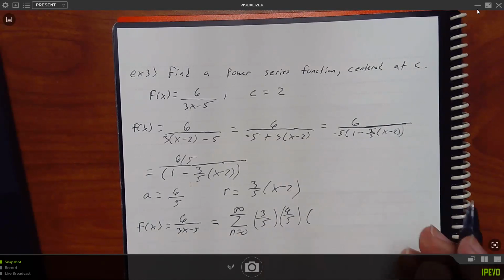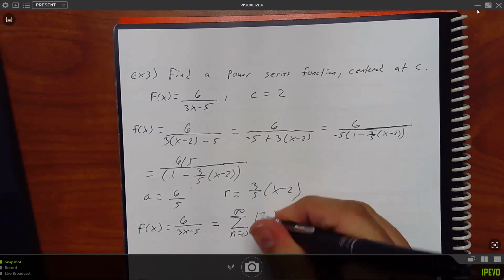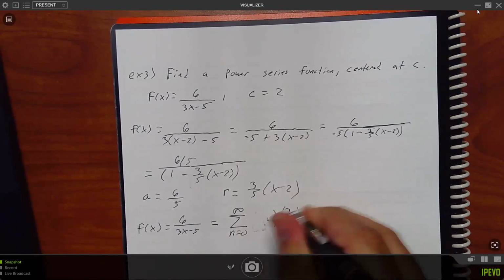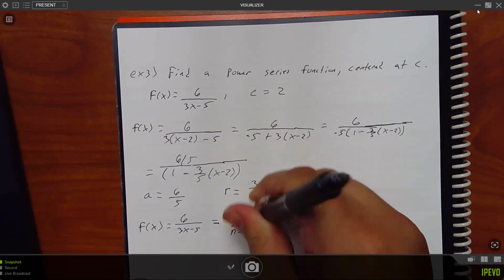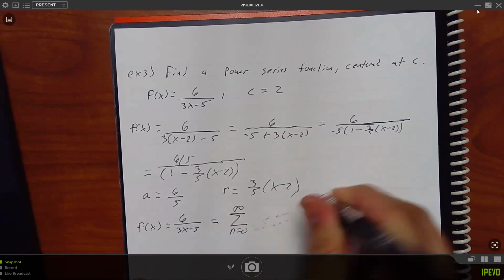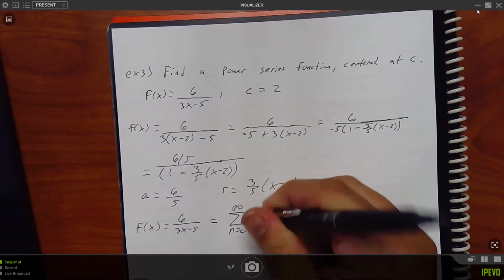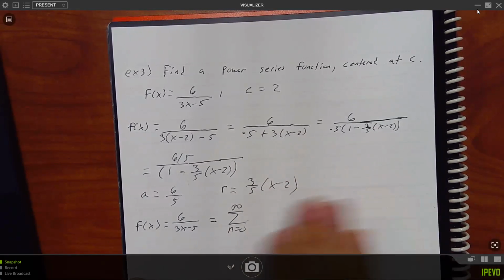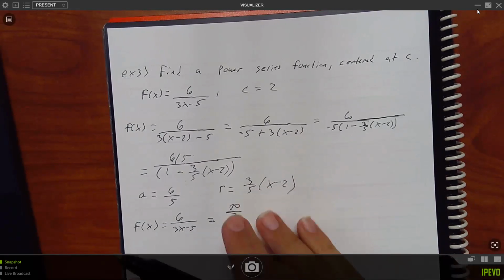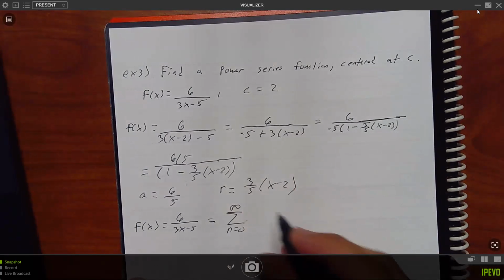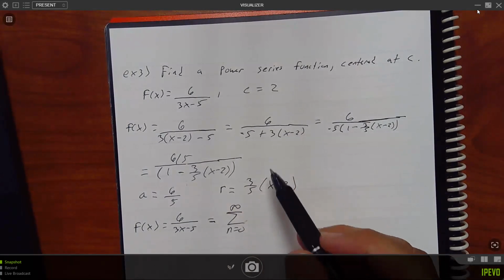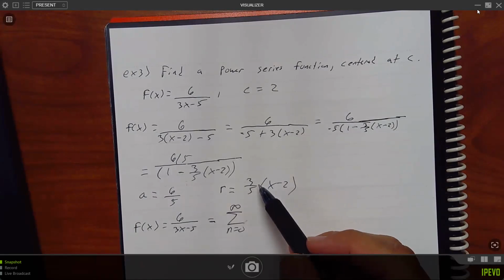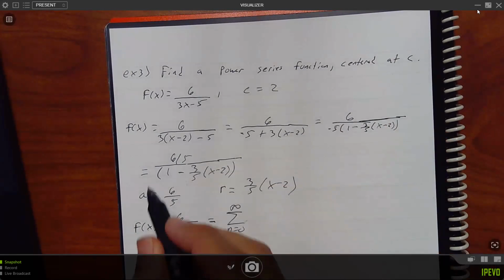Times, shoot. I'll rewrite that. Okay, so that'll be negative here.